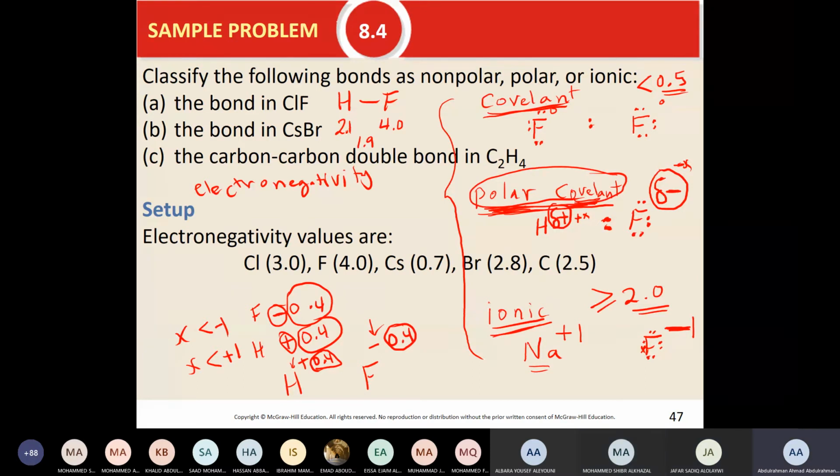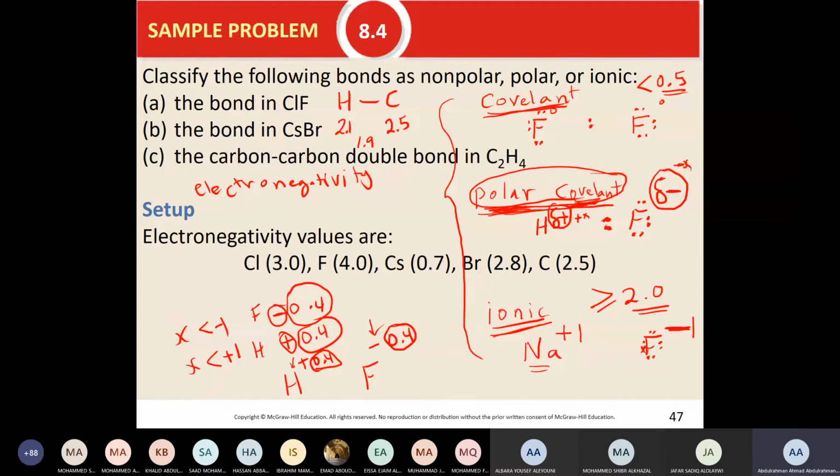Let's try something else. Instead of HF, let's try the HC bond. What is it for C? Is it 3? No, it's 2.5 and hydrogen 2.1.